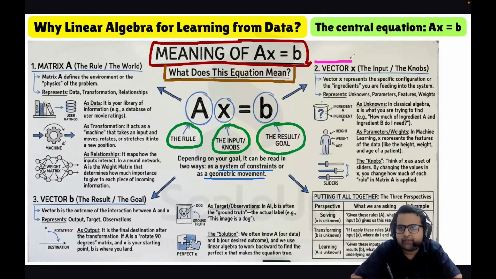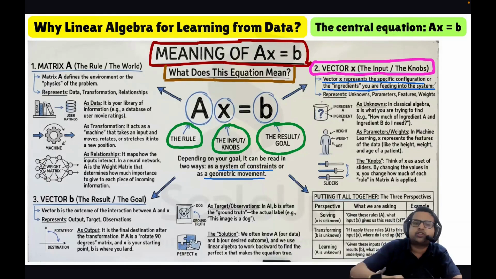Now let us look at the vector x, the input, the knobs, and what it is. The vector x represents the specific configuration or the ingredients you are feeding into the system.